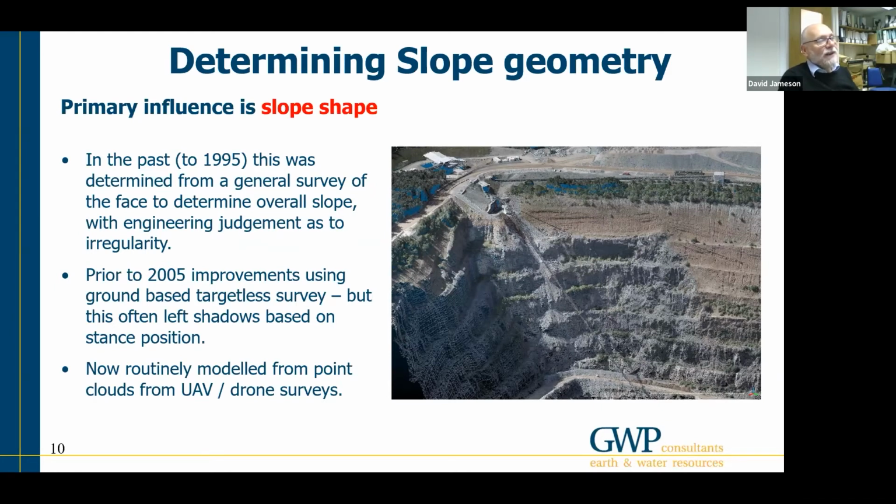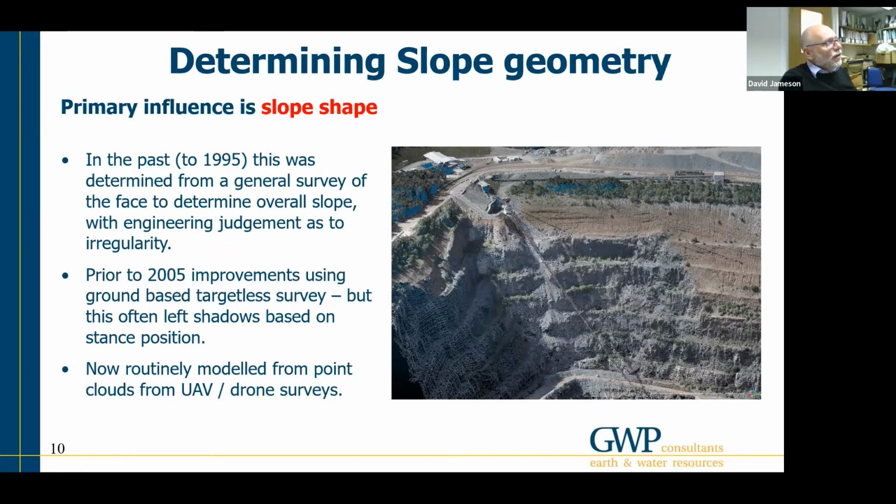That variability could then be input into a model to show the amplitude and wavelengths of any variation in the simple joining of two dots, the crest to the toe. So you had to make some engineering judgments.